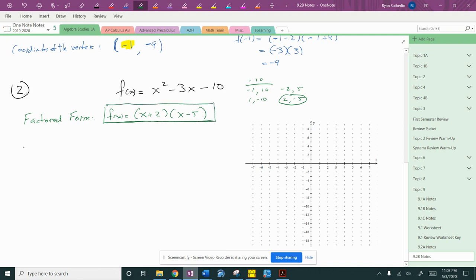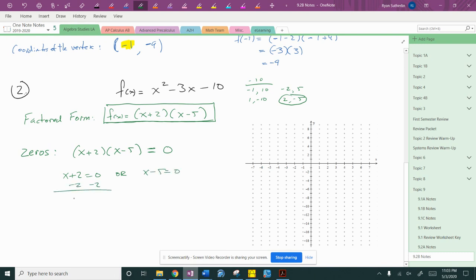Second, find the zeros. Remember, the zeros just mean we're pretending that this (x plus 2) times (x minus 5) equals 0, so when does this equal 0? This is what we did last time. So now I have x plus 2 equals 0, or x minus 5 equals 0.